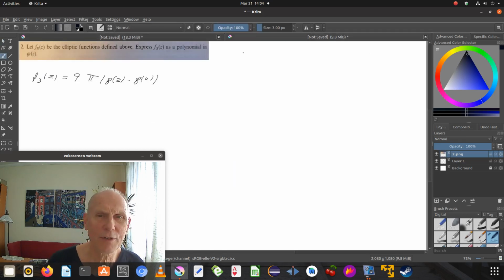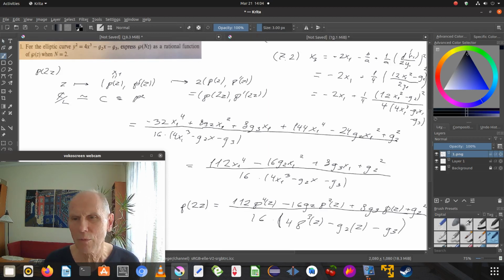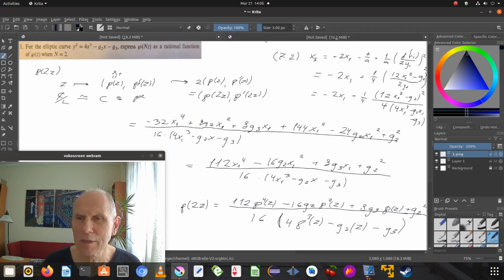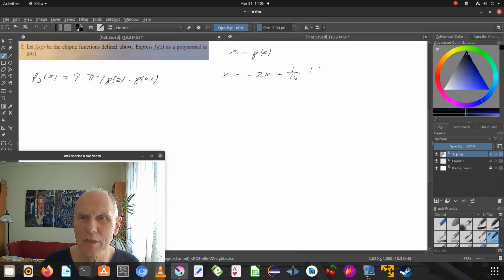So the equation is for x equals the Weierstrass of z, that x equals minus 2x plus, and then I forget it, 1/16 12x1 squared four, I guess.